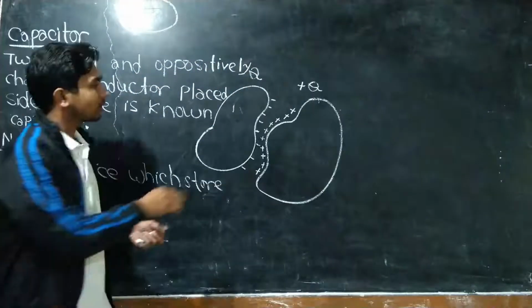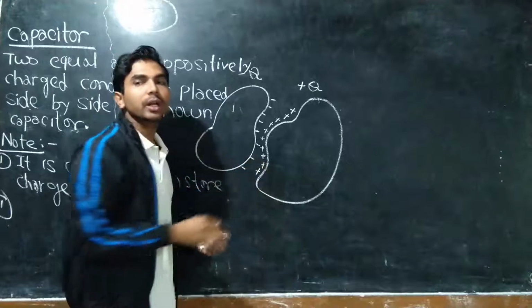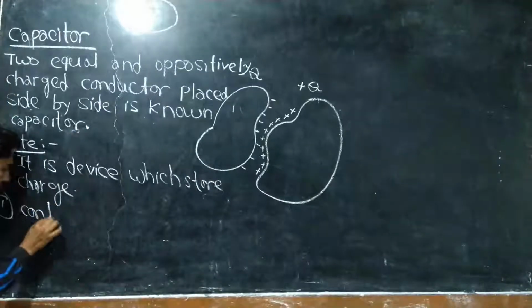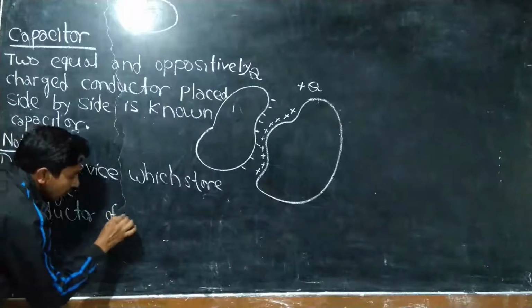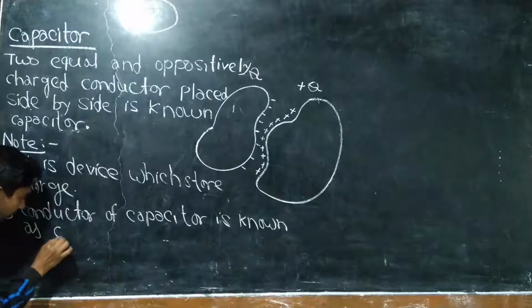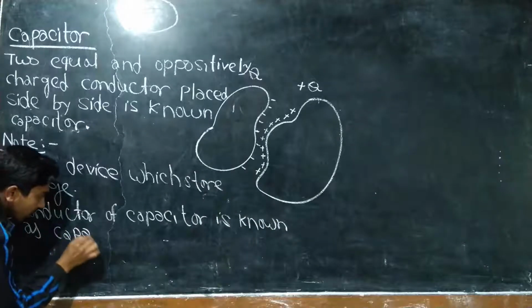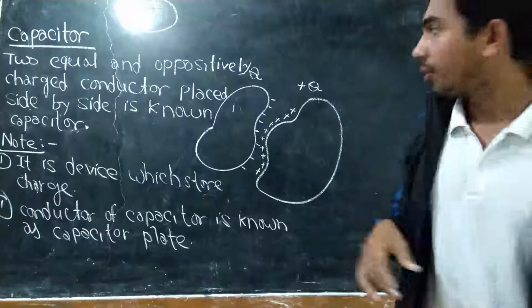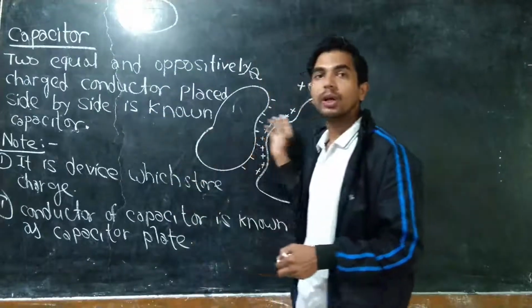Next, these are the two conductors. The conductors of a capacitor are known as capacitor plates. As you see, the two plates have equal and opposite charge.